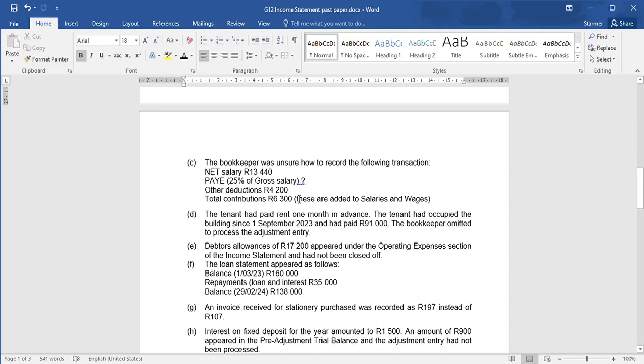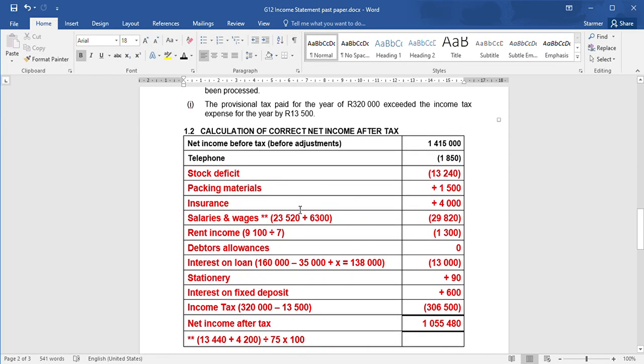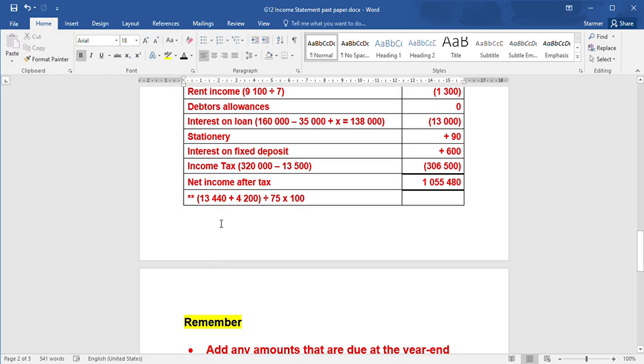Now if you think about it, if I take net salary and I add my other deductions back, that will be equivalent to 75% of your gross salary, because the only thing that hadn't been subtracted will be the 25%. So what I'm going to do over here then is take my net salary and add back those deductions.